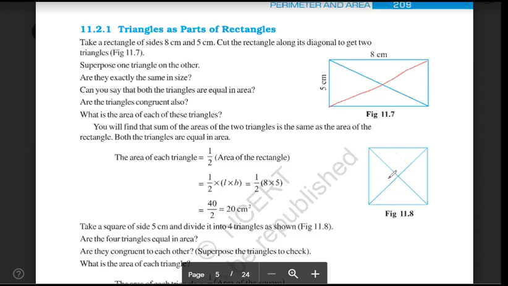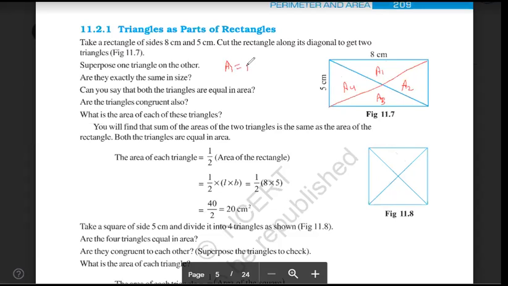These two diagonals will divide the figure in how many parts? Four parts: A1, A2, A3, A4. So what can you say? In this rectangle, which areas are equal?